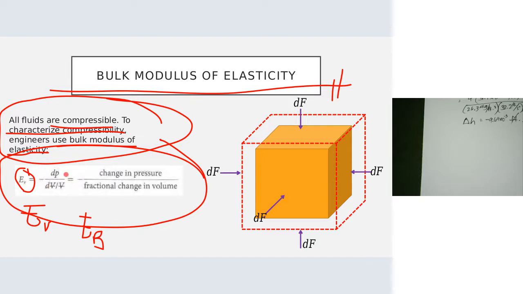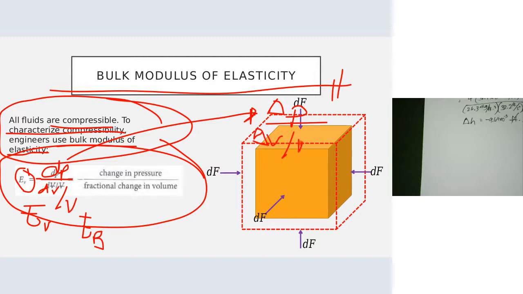And it's equal to negative dP over dV over V. Or itong dP na to, this can also be represented by delta P over delta V over V. So, ibig sabihin ng delta, tsaka nung d, this means differential, no?